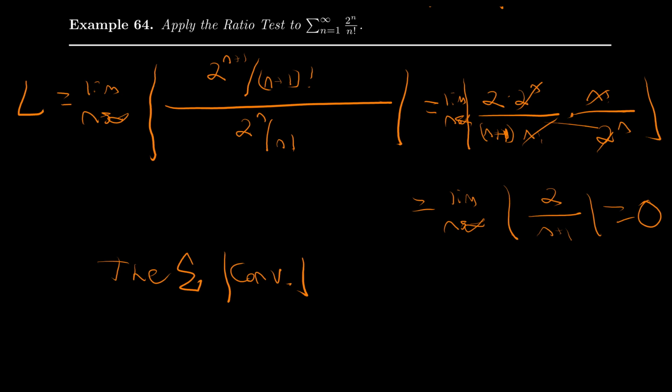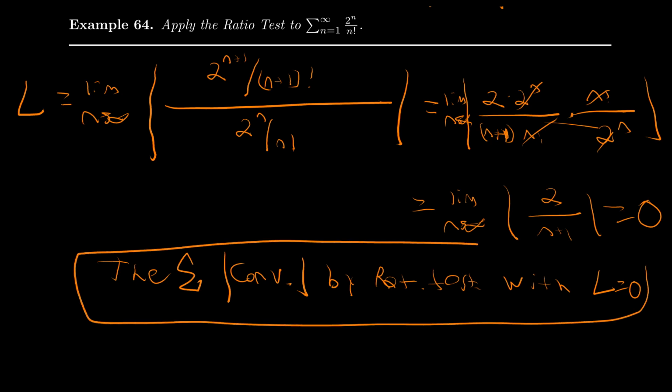But you can write out converges absolutely by the ratio test, with L equals 0. That's the answer. And then the scratch work lets me give you all of the points for it. That's how to do the ratio test.